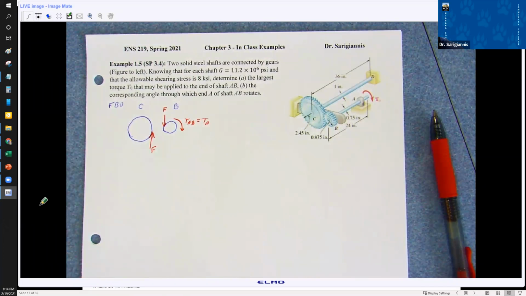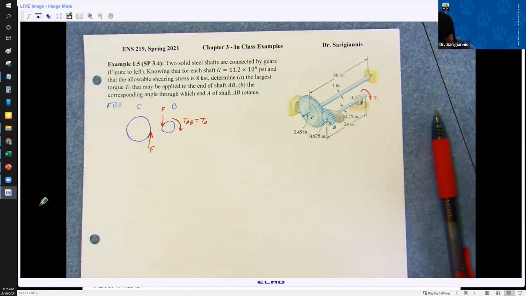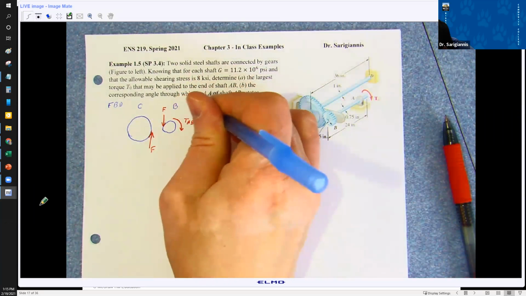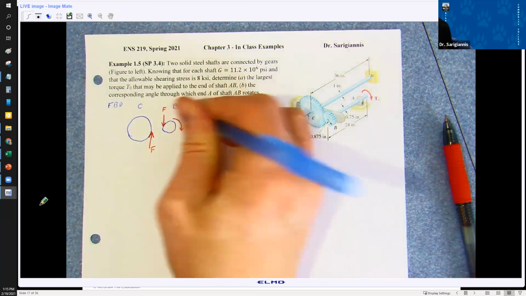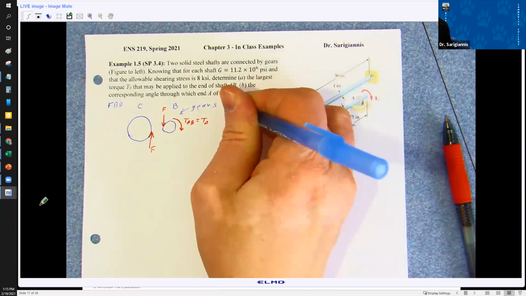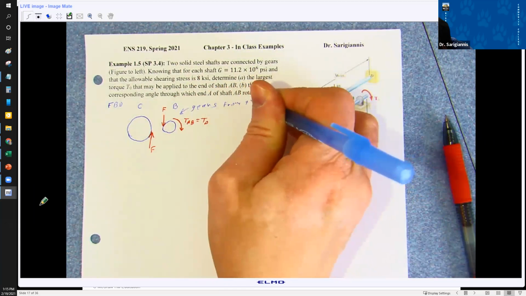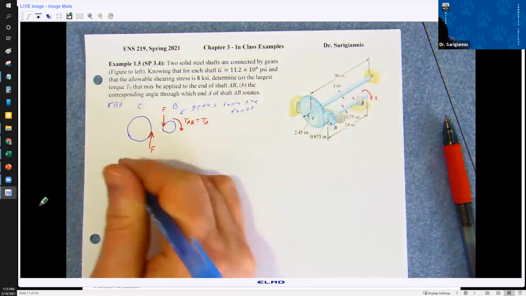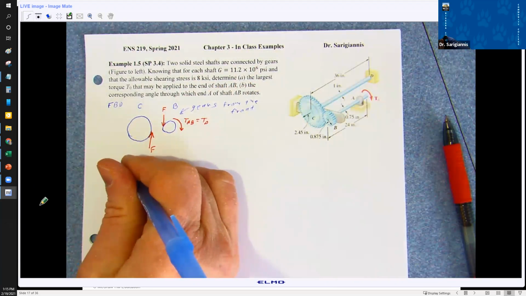Let's see, what else do I need? Do I need those forces? No, I guess I don't. I'll just call these the gears, from the front. All right, so let's look at gear B.